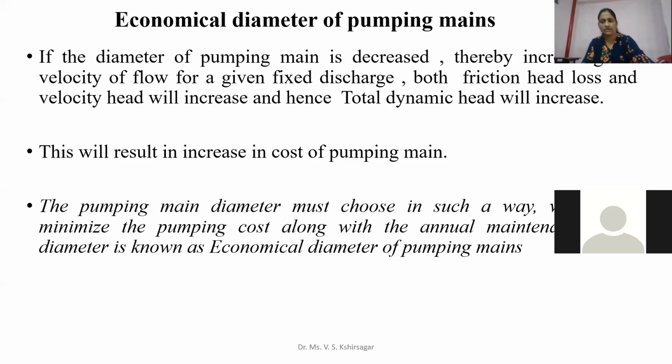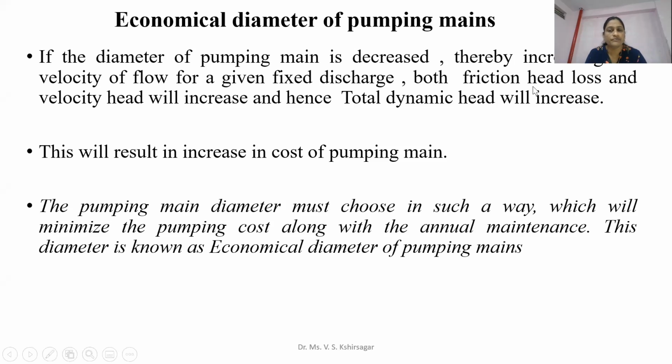In the economical diameter of pumping main, if the diameter of pumping main is decreased, it will increase the velocity of flow, and because of the increasing velocity of flow at the given or fixed discharge, both friction head and velocity head will increase, and this will again increase the total dynamic head.